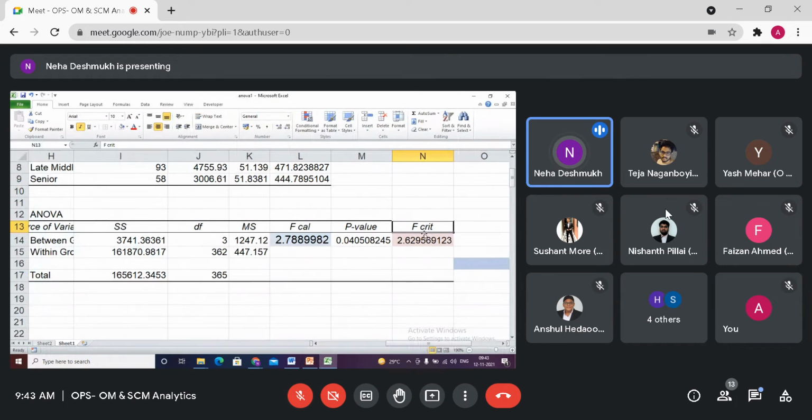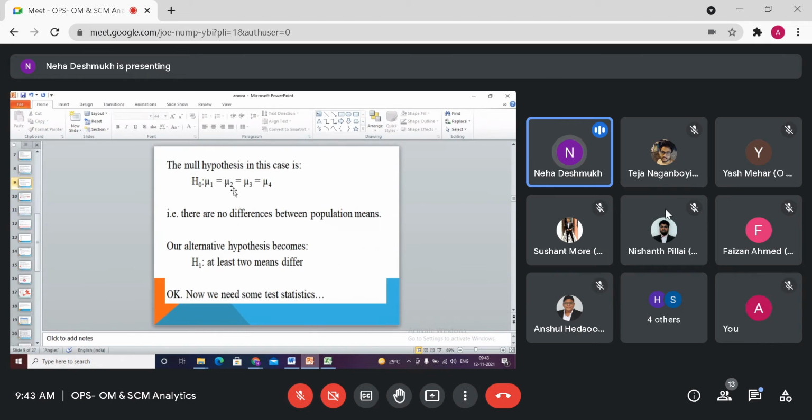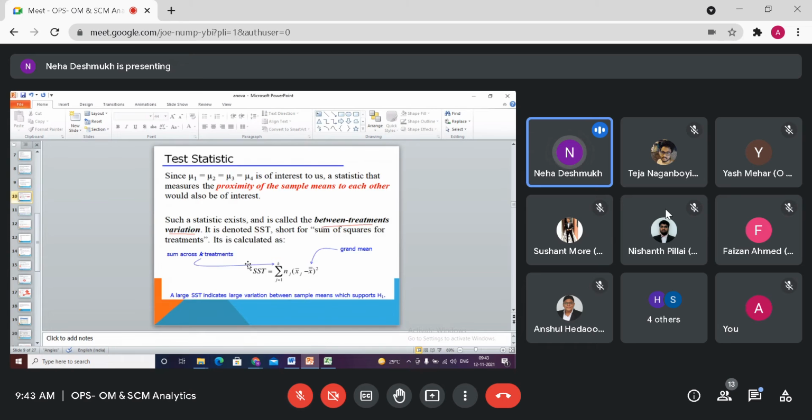F calculated greater than F critical means the test is statistically significant. If the test is statistically significant, the null hypothesis is rejected, and the alternative hypothesis is accepted. It means there is some variation in at least two population means. That should be the interpretation.